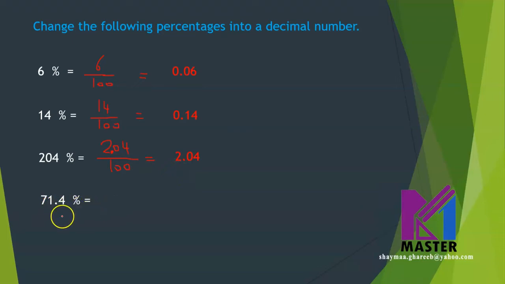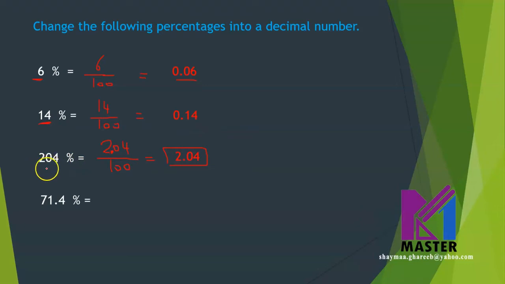71.4%. So what do you think? Every time, I divide the percent by 100 to get the decimal number. If you divide the 6 by 100, you will get 0.06. If you divide the 14 by 100, you will get 0.14.